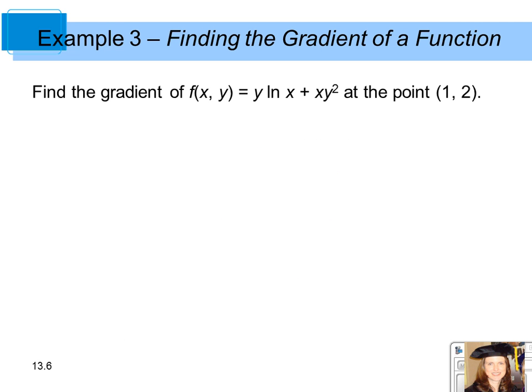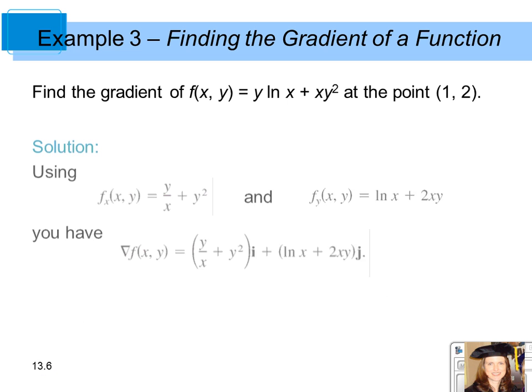In this example, we're finding the gradient of f of x, y equals y natural log of x plus x y squared at the point (1, 2). Again, using the definition for a gradient, the gradient is going to be a vector where you're using the partial derivatives with respect to x and y as the components of that vector.